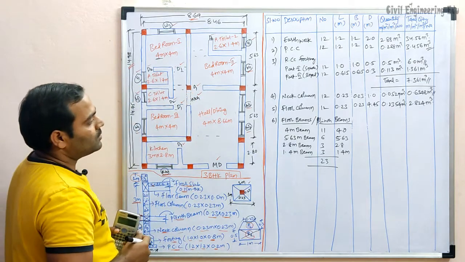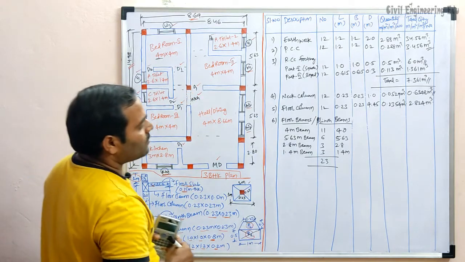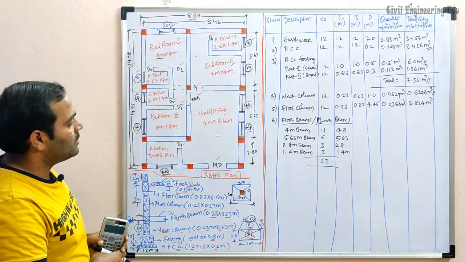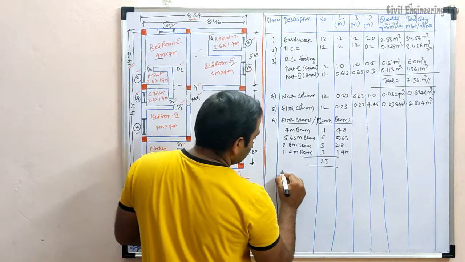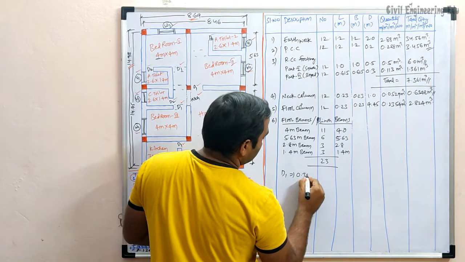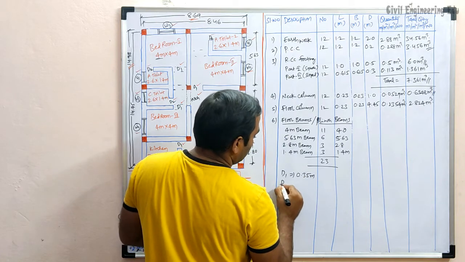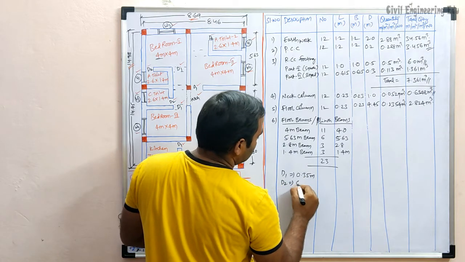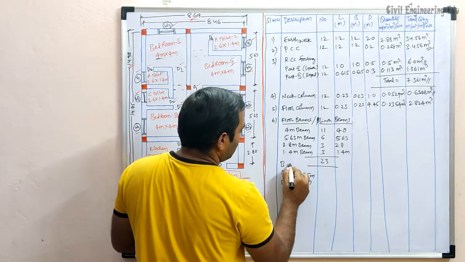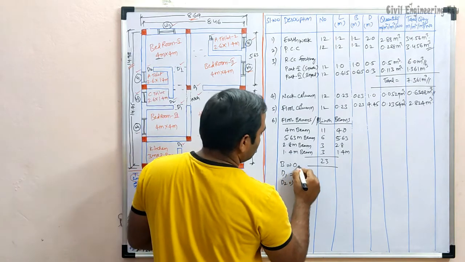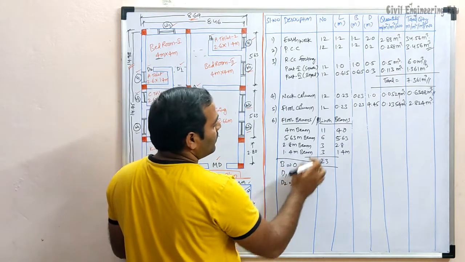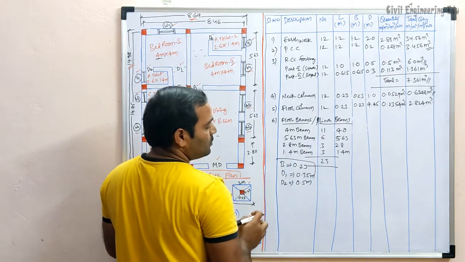Now coming to breadth and depth. As I told you, in the case of beams I have taken two different depths: depth 1 is 0.35 meter, depth 2 is 0.5 meter. Why have I taken two depths? In general, breadth is common for all beams. Breadth is 0.23 only.